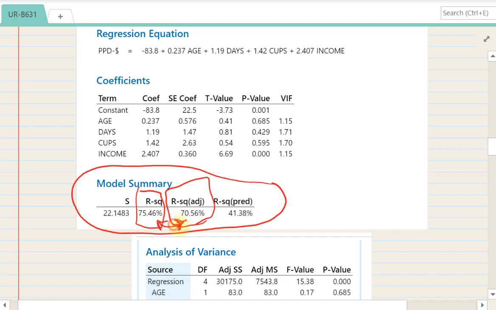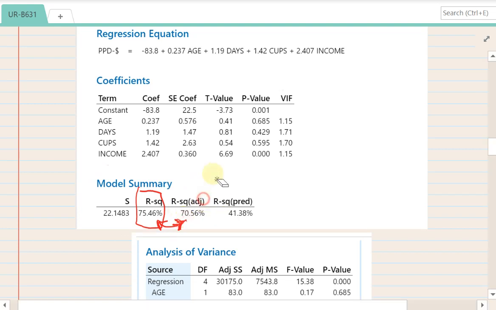What adjusted R squared does is keep track of how many independent variables are in the model. As you add more independent variables in your regression model, you get penalized for it through adjusted R squared, the way the formula was designed.